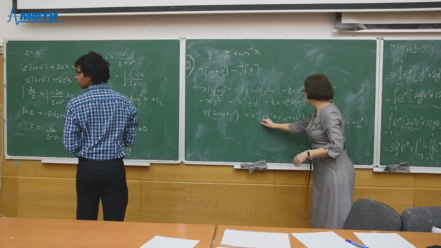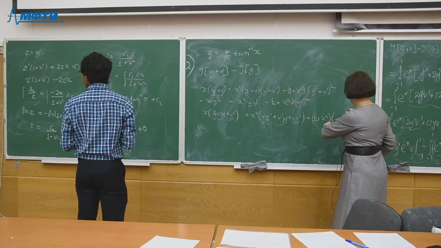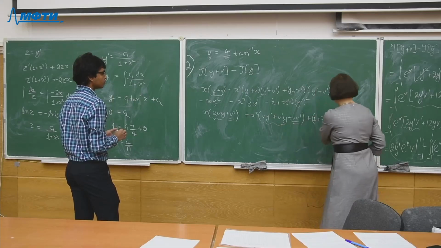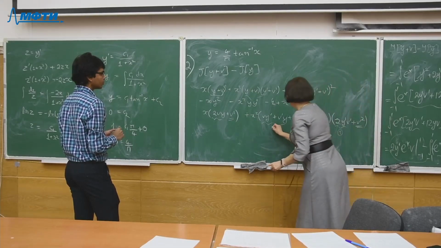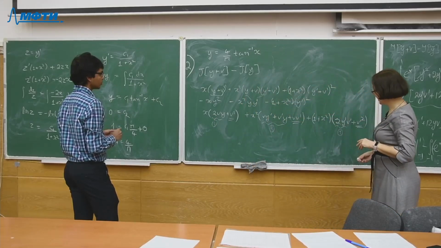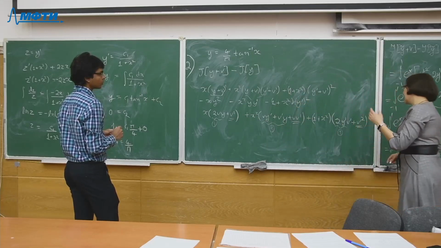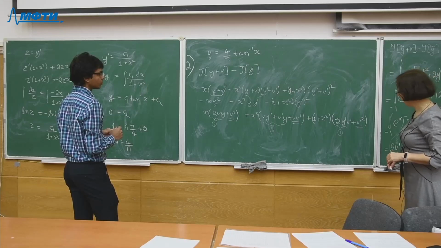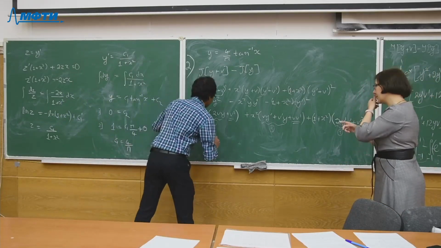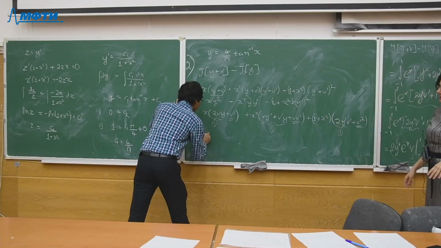We should collect these terms, the underlined terms, to form the Euler-Lagrange equation, and these terms will give us some other part. Let's collect them. So consider this part separately and the other terms separately.